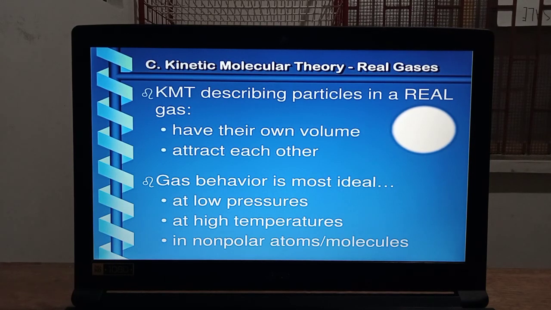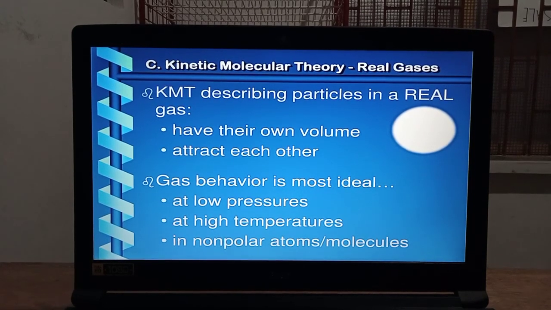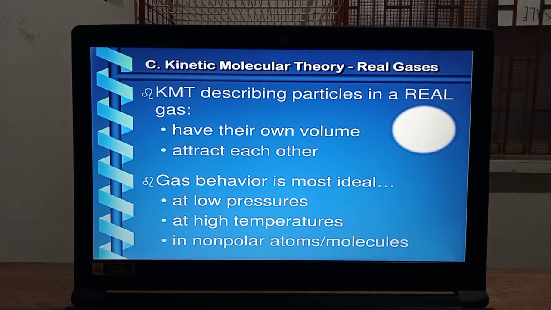So the behavior of a gas depends on low pressure and high temperature.